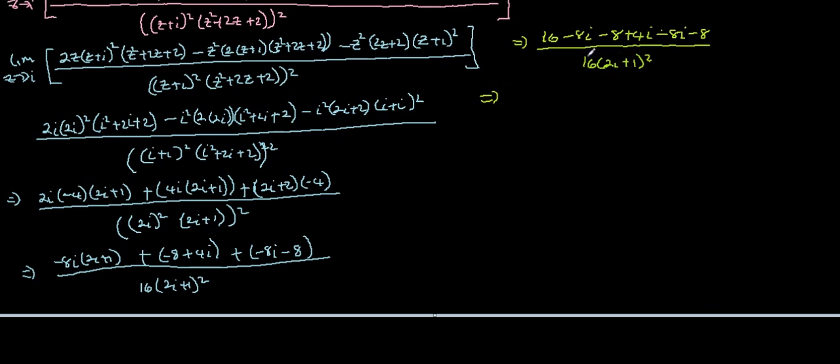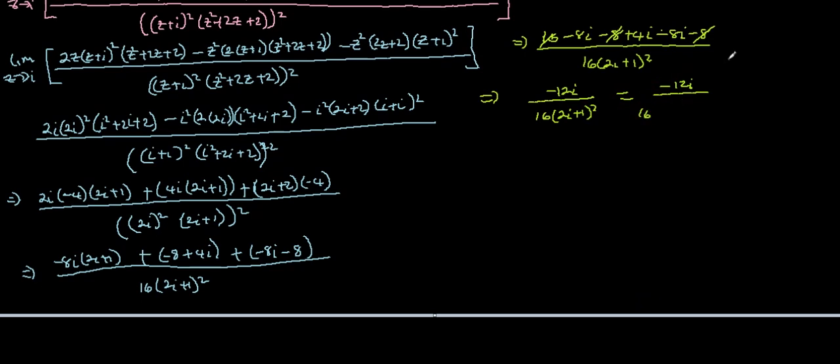So let's look at our numerator. We have minus 8 plus 16, then this is going to give us minus 12, minus 12i divided by 16 into (2i plus 1) squared. So this is minus 12i divided by 16.